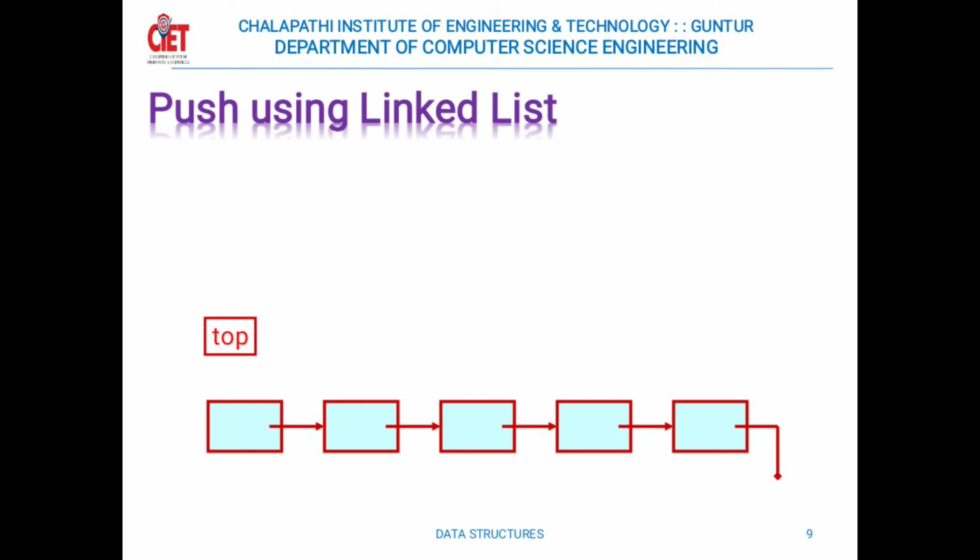Simply it is like this. The new element is added to the previous top element, and now the new element's address is saved in top, because from now onwards the new element is the stack top.